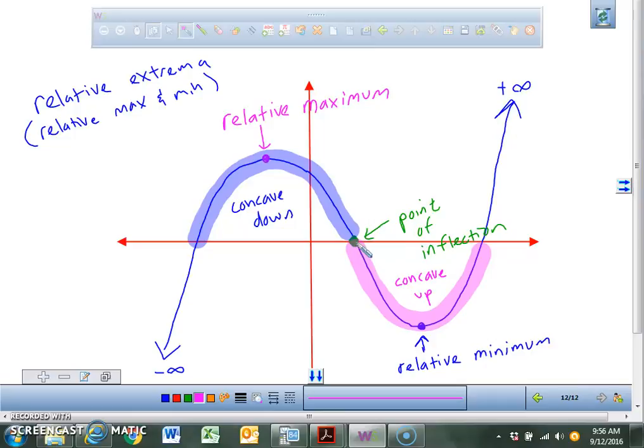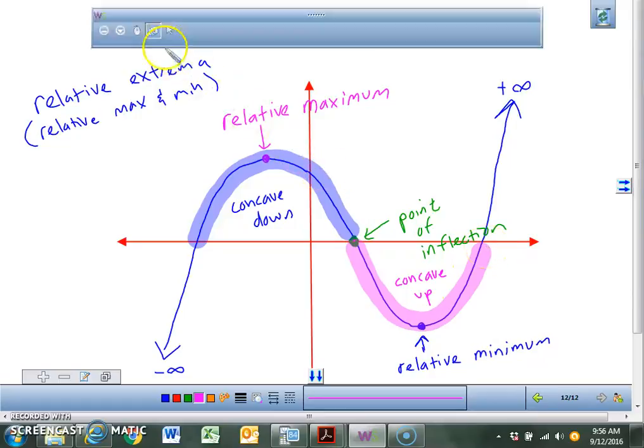When you're looking at a graph, and I have you label where the point of inflection is on a quiz or a test, look at where the curves start to change. It goes from concave down and starts turning to concave up. That's what you want to look for.